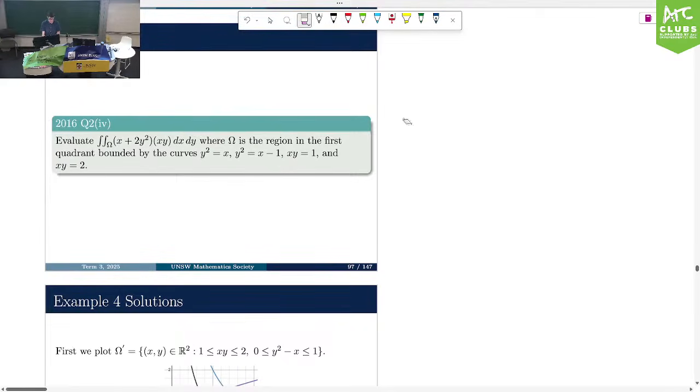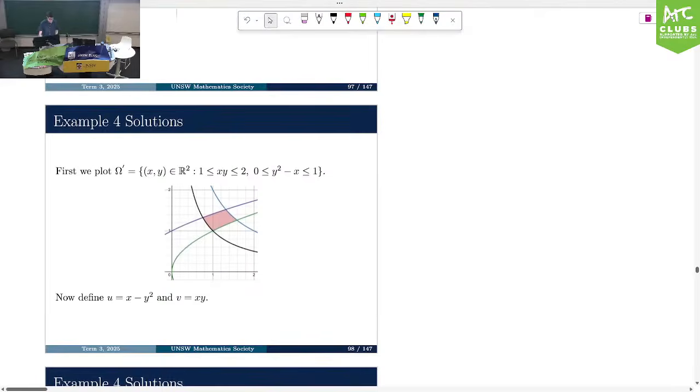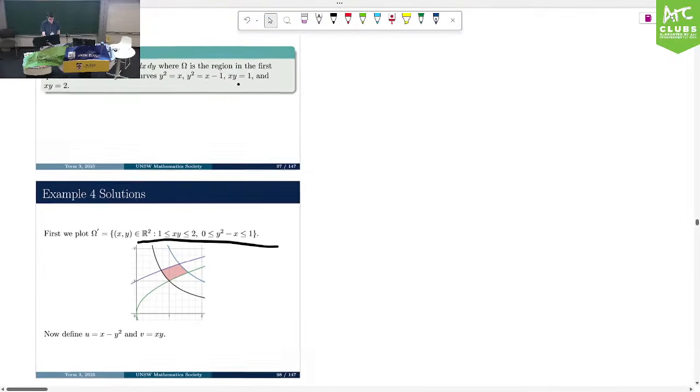So we want to use this as a new variable, and then y squared minus x as another new variable. And you can see that's another way to represent the area that we are integrating over.